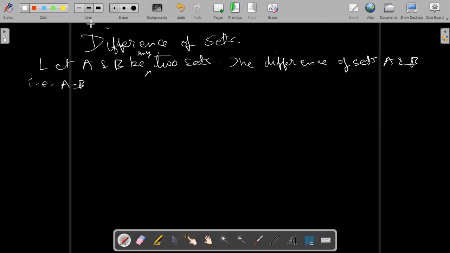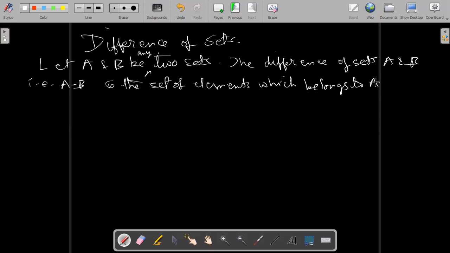A minus B is the set of elements which belong to A and do not belong to B. Means from A set it is denoted by a symbol minus.